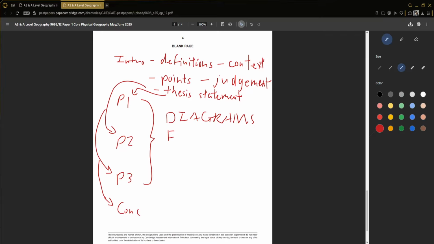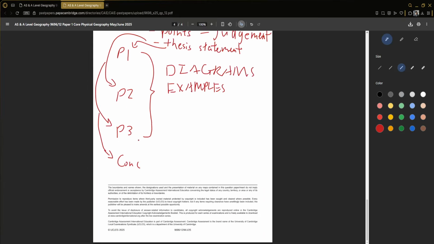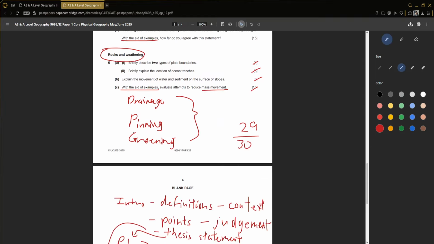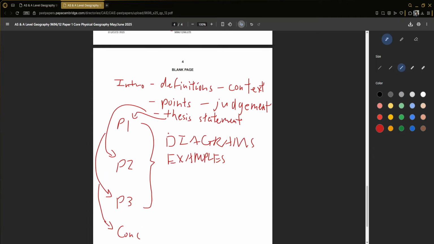You must use examples because the question specifically asks you to use examples. So for drainage, I use the example of Malaysia and Hong Kong. For pinning, I use Hong Kong. For greening, I use Hong Kong and the Philippines. And these come from the case study and my external reading of these techniques.